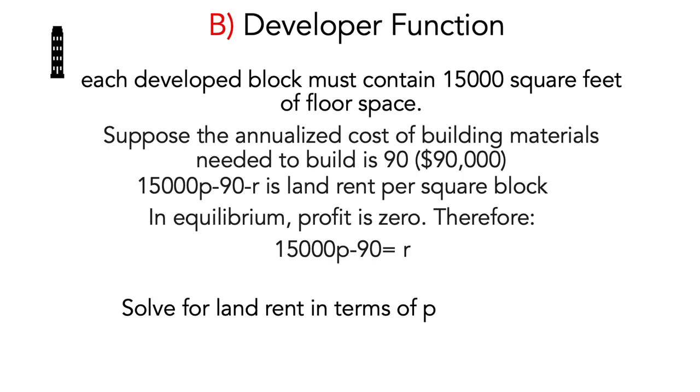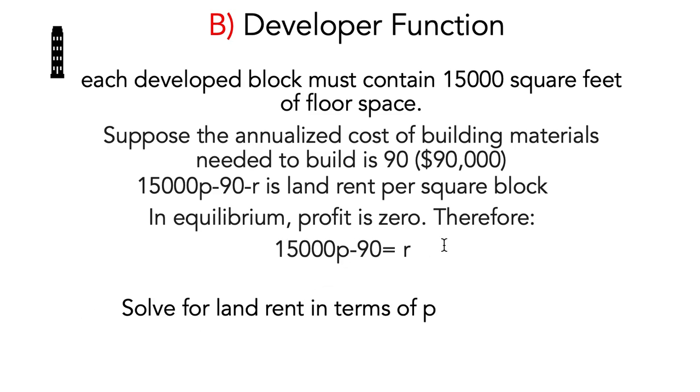Okay, the profit per square block for the housing developer is equal to 15,000 times P minus 90 minus R, where R is the land rent per square block. Now, in equilibrium, the land rent must adjust so that this profit is zero. Let's set the profit equal to 0 and solve for the land rent in terms of P. And then substitute what we knew P was before.